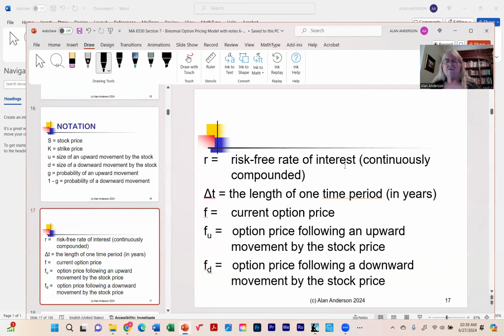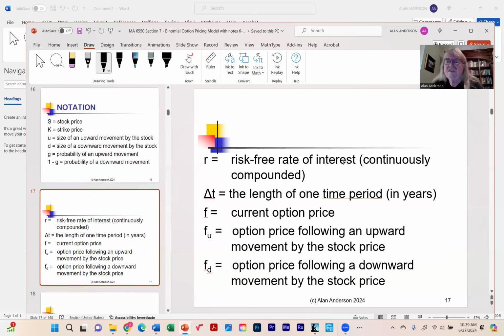In other words, as we go through the model, the time steps could be, let's say, a month, or it could be a week or a day. It's always the same. It never changes throughout the tree. Letting that change would make it a lot, and I mean a lot, more complicated. Now, some of these binomial option pricing models that have been published do allow for that, but they're really complicated.